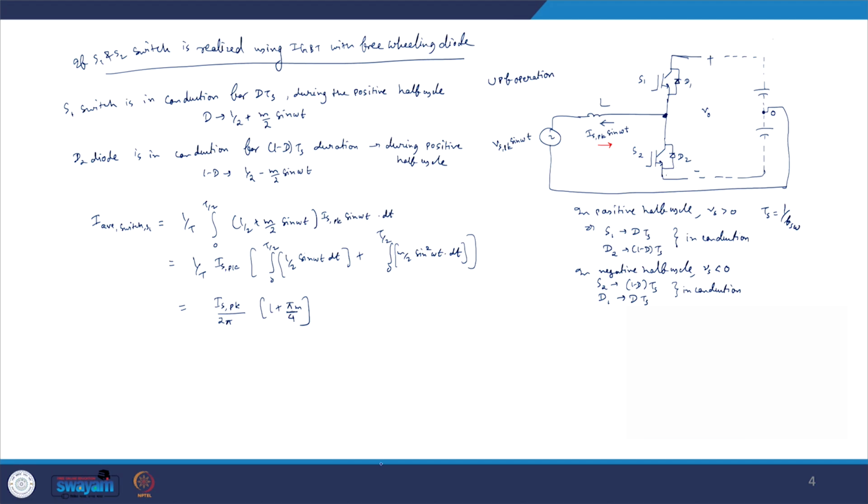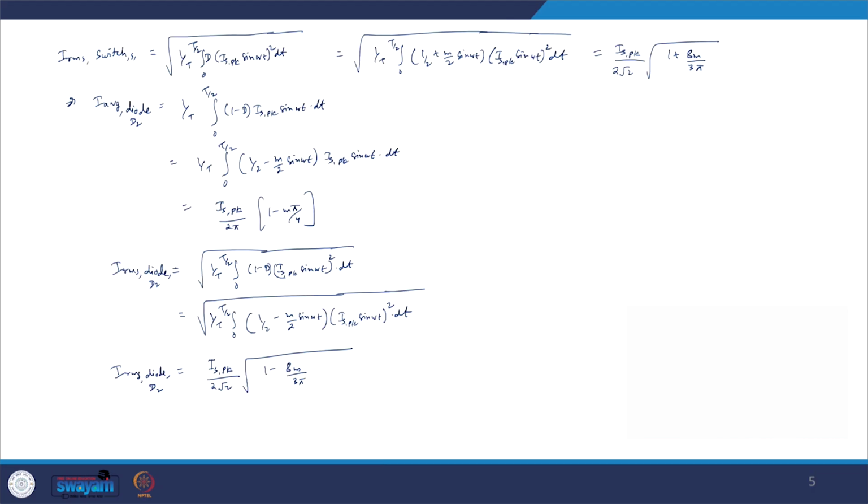Similarly, you can also derive for S2 and D1 by putting the appropriate limits of integration and duty ratio values, and by following these expressions, one can easily predict the RMS and average current ratings of the freewheeling diode and the switch, which is an IGBT. Here, this Is peak you can easily calculate from the specification, as we have already told previously, and thus one can easily define the current ratings. And that is when one can actually select the devices accordingly.